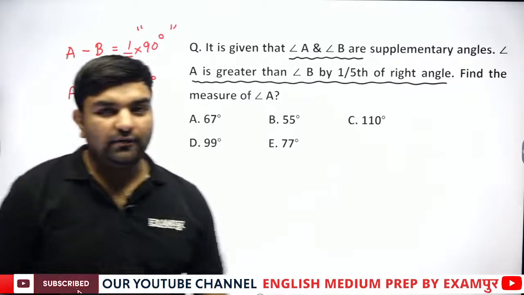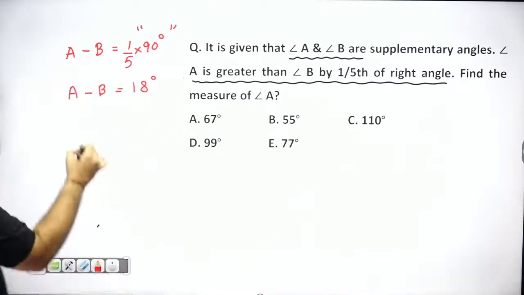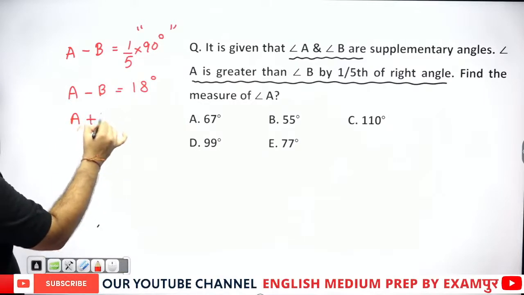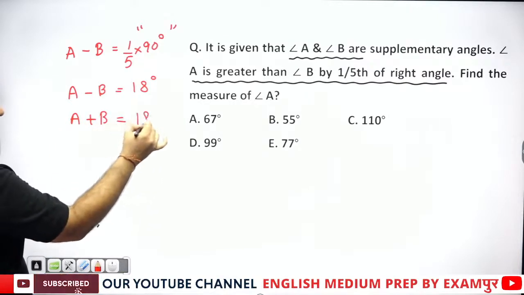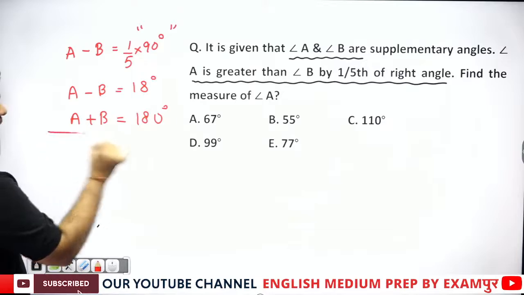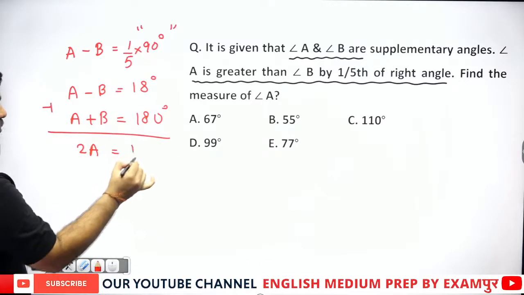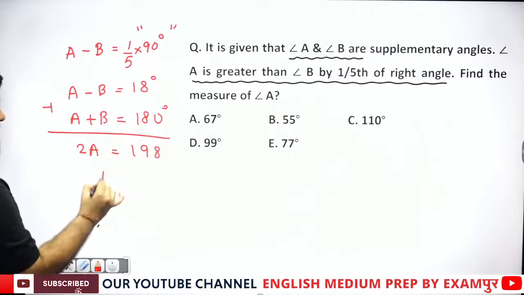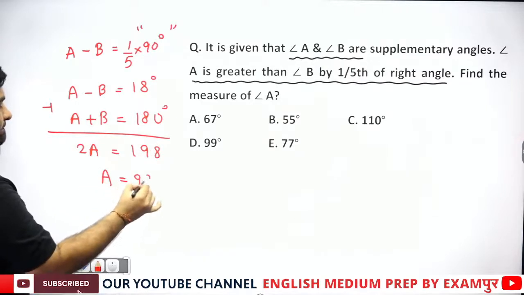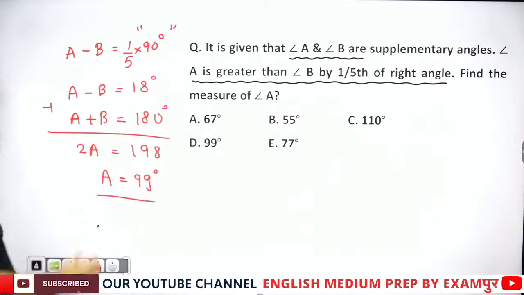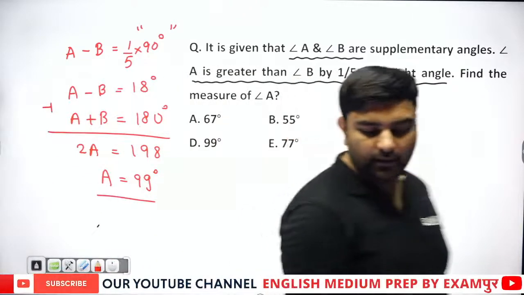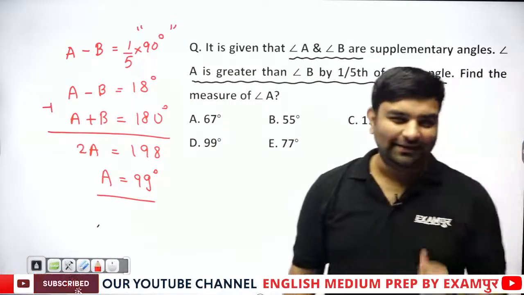And A and B are given supplementary, so their sum is 180. Add both the equations. 2A is 198, so A is 99. Absolutely clear?